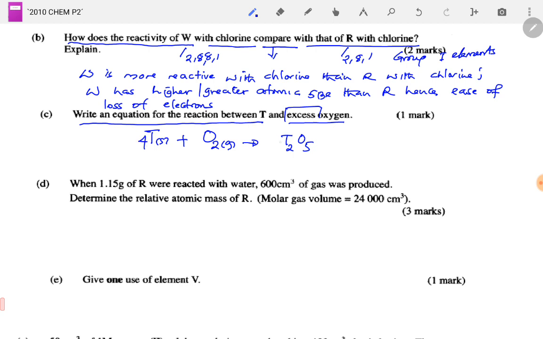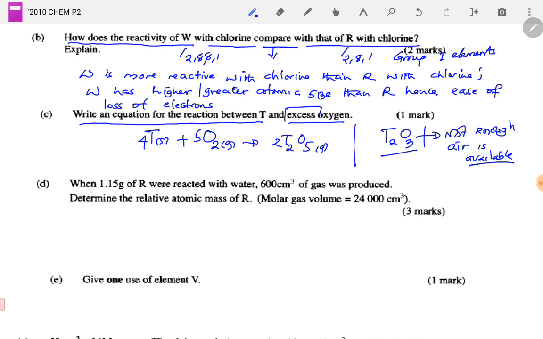We need to balance this by placing a 2 and placing a 5 here. But if it is not in excess, then when there is limited air, we get this oxide. This is when not enough air is available.